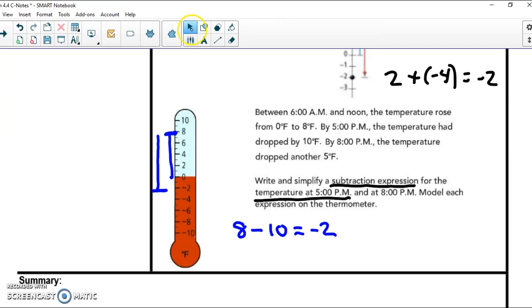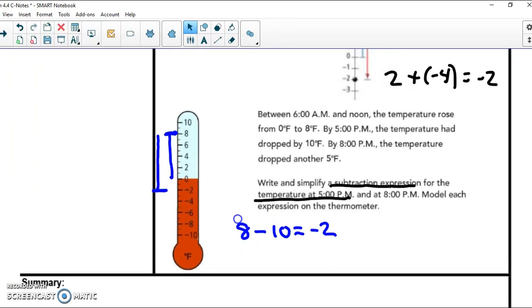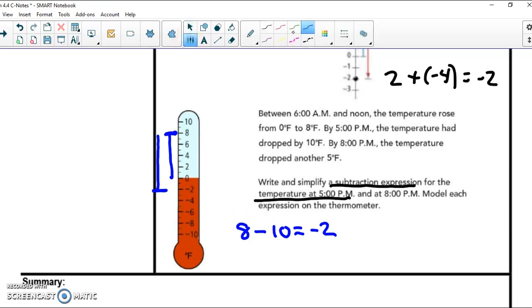On the right side of our thermometer, let's write in green, and now let's write about the temperature at 8 p.m. So at 8 p.m., if we start again at 0, the temperature at 5 p.m. we said was negative 2.